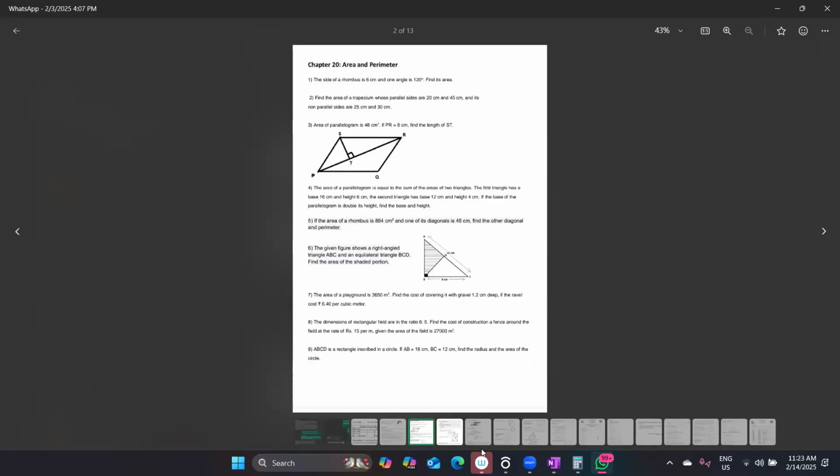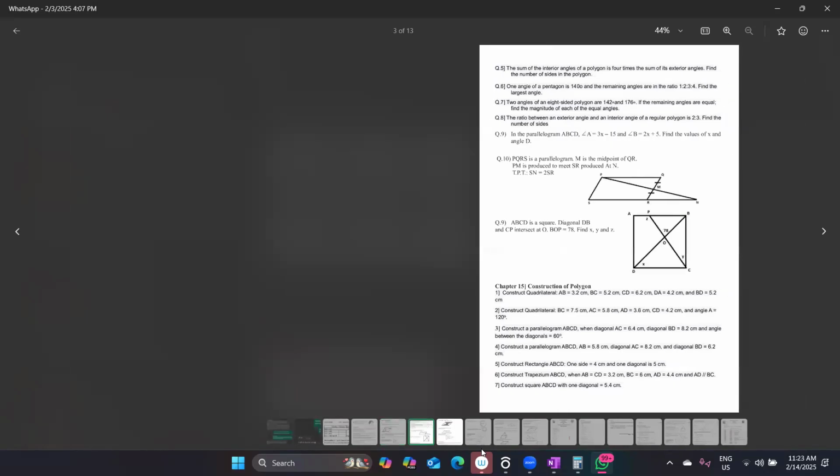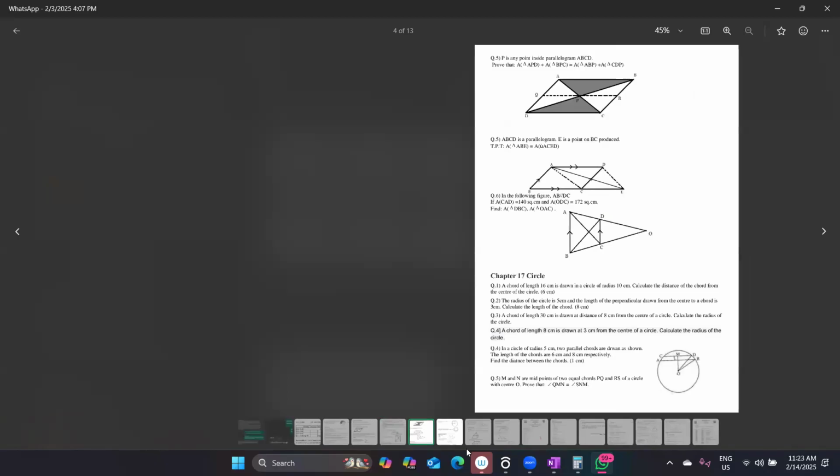No, not that. No, sir. Area theorem. Construction of polygons. Is this area theorem the ones above question 5?